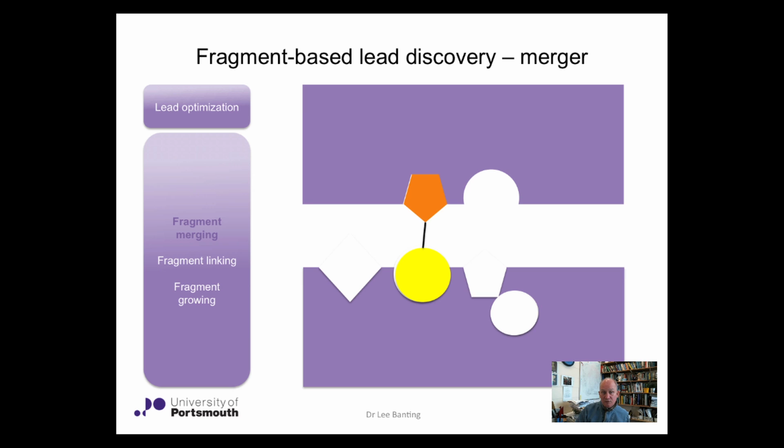The yellow circle is a common feature, and maybe we can exploit that chemistry and merge the two fragments, and you can see now that we're binding across 3 sites, and we would certainly expect that the binding improves. If those 2 fragments bind very nicely into those separate compartments, then merging them in a chemically sensible way that allows exploitation of all 3 sites will increase our potency.